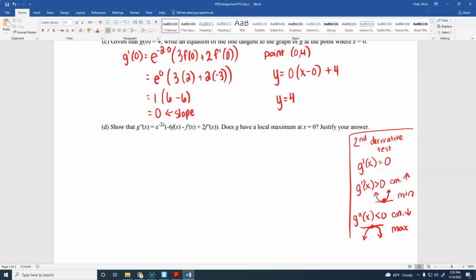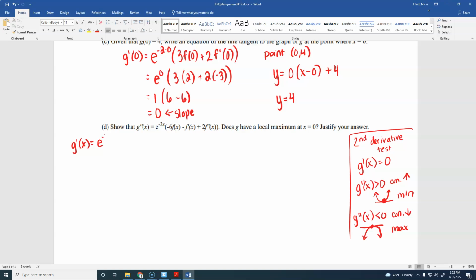Okay. Alright. So for this problem, we need to show how they got the second derivative first. Then we are going to show whether that second derivative is positive or negative. So I'm going to write down that g prime of x again because it's off my screen.